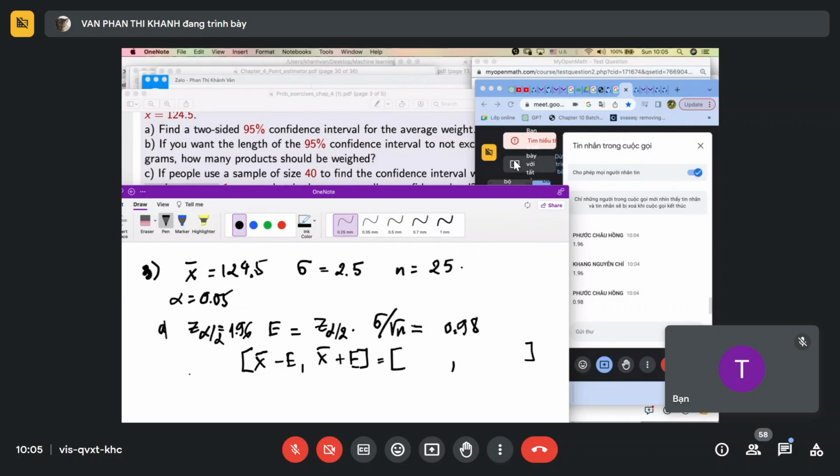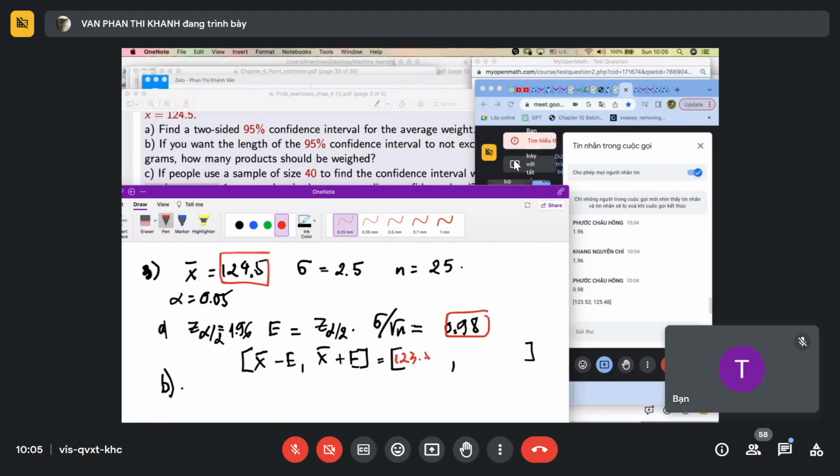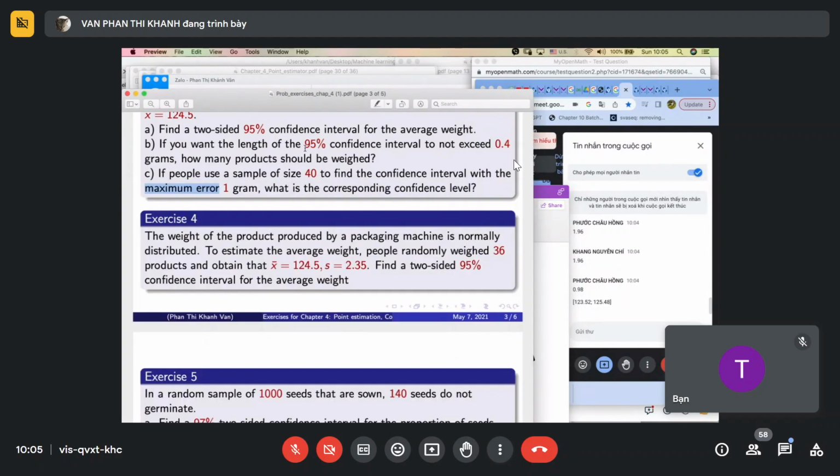Lower bound and upper bound. Very simple, right? So you take x bar minus E, so it's 123.52 to 125.48.